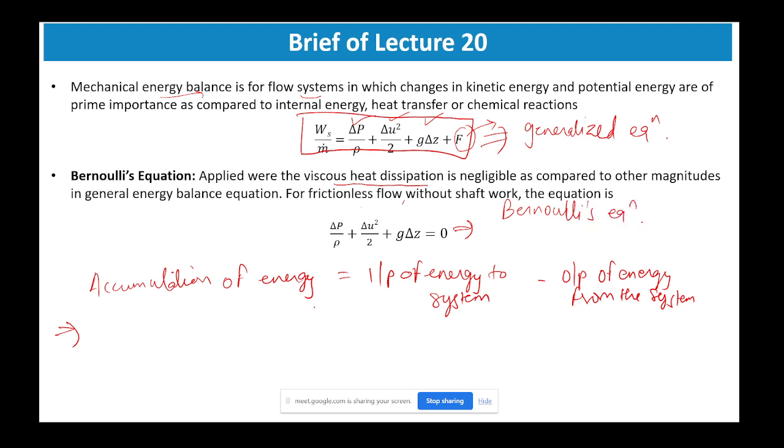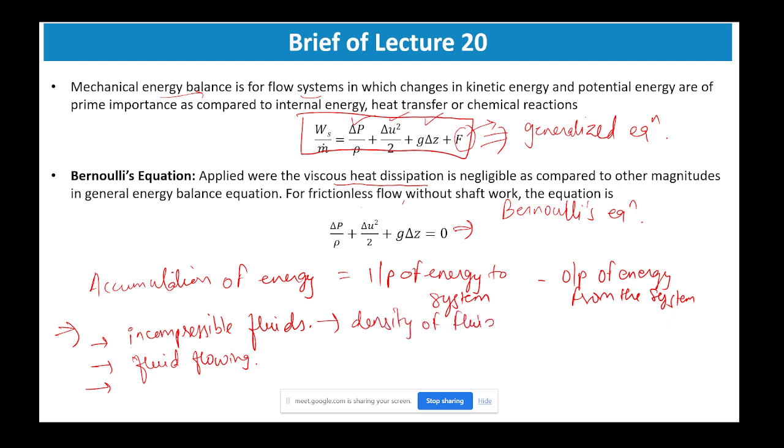Now this equation is usually applied for incompressible fluids. There should be fluid flowing, and what incompressible fluid means is the density of the fluid should be constant.